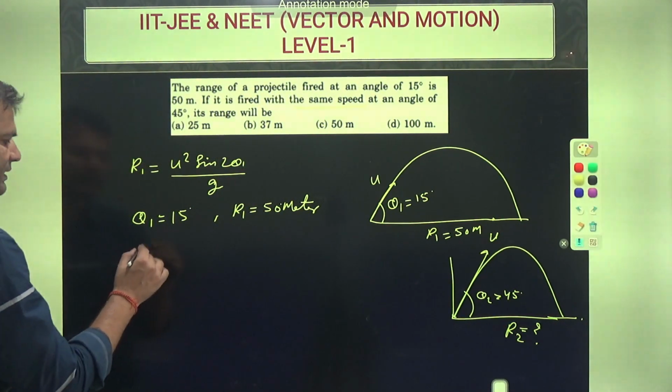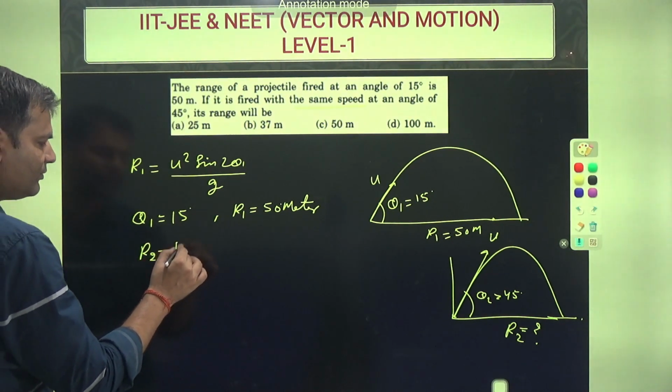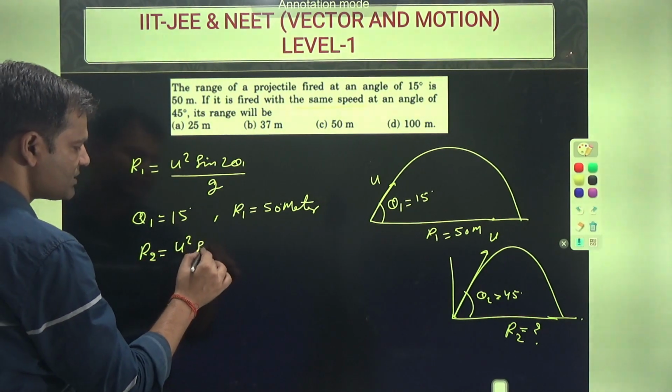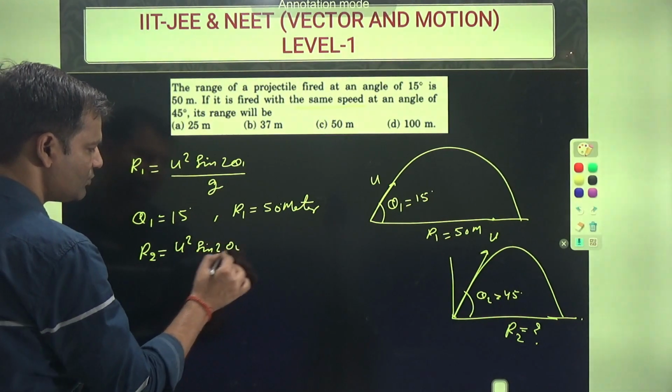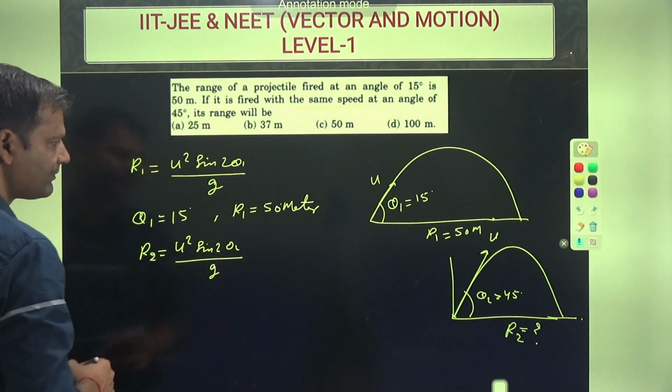So R2 is written as u square sine 2 theta 2 divided by g.